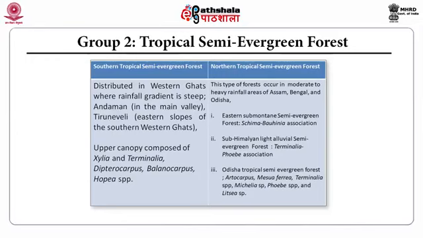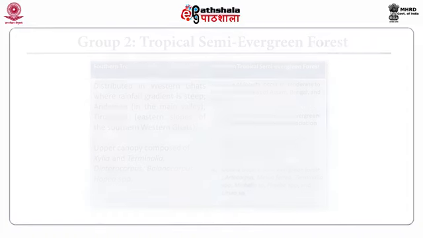In the eastern sub-mountain semi-evergreen forest, we have the Schima and Bauhinia associations. Then we have the sub-Himalayan light alluvial semi-evergreen forest having Terminalia. Odisha tropical semi-evergreen forest have the predominance of Artocarpus, Mesua, Terminalia species.